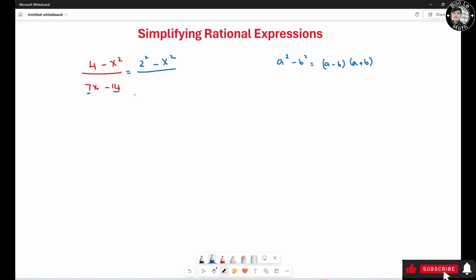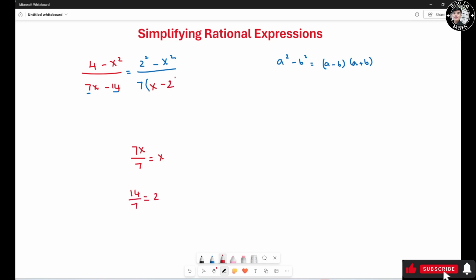Over the bottom right here, 7s and 14, the GCF is 7, right? Factor 7 out. So I have 7s, I factor 7 out, which means I divide by 7, so the answer is s. So I put s right here. Subtract. I have 14, and I factor 7 out. It's going to be 2 right here.